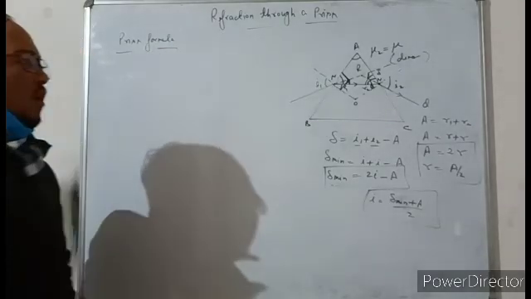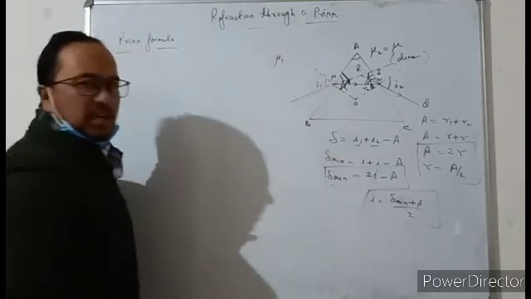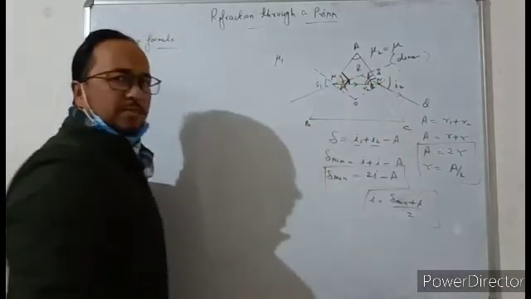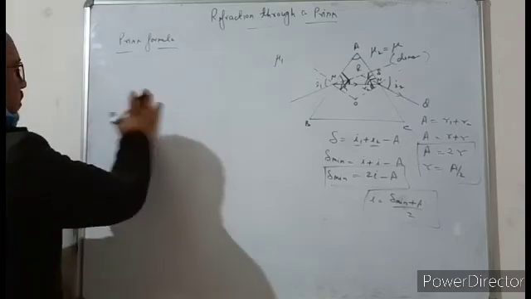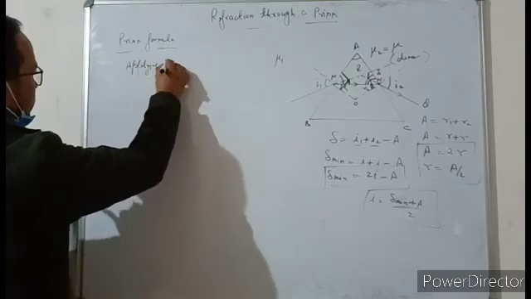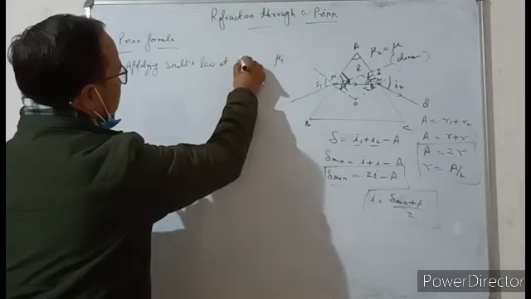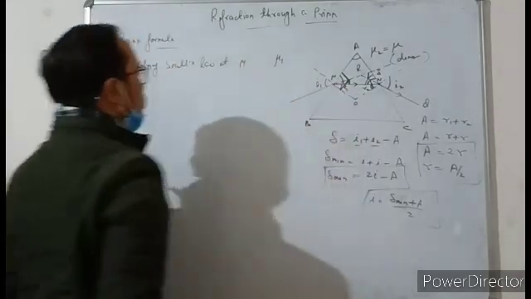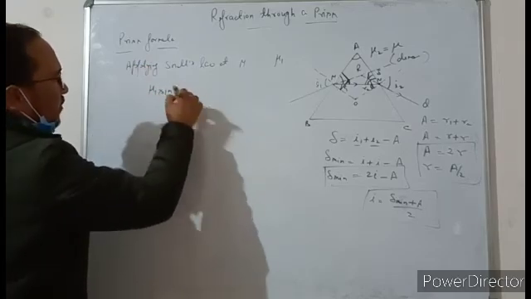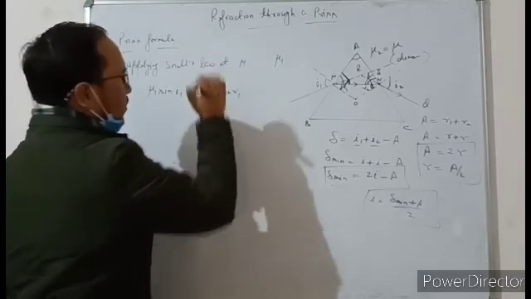For deriving the prism formula, you have to apply Snell's law at point M. The refractive index of the surrounding medium is taken as mu1, and the refractive index of the material of the prism is taken as mu2. Now, applying Snell's law at point N. You must know how to apply Snell's law, students. mu1 sin I1 is equal to mu2 sin R1.